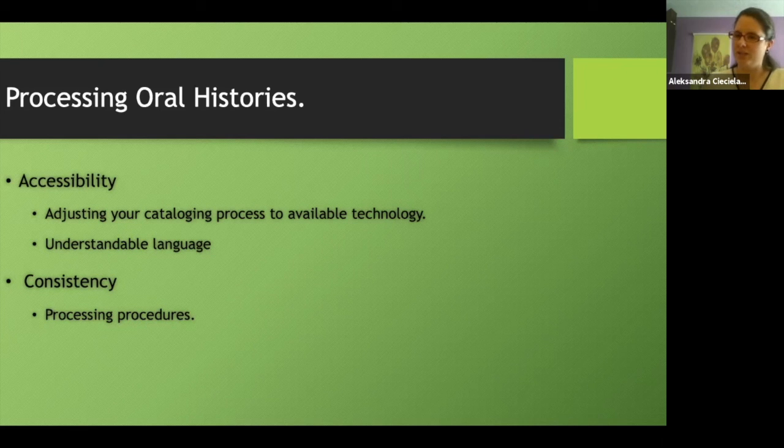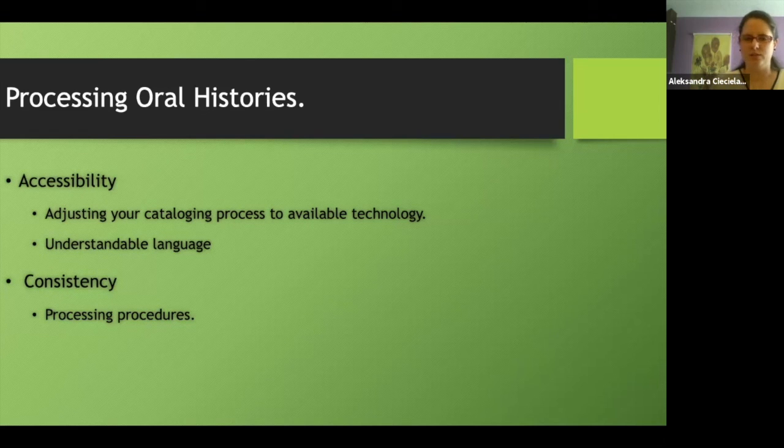Do I have money to do that? Do I have money to open a new website just for oral histories? Those are all questions that are difficult to answer, but they're very important when it comes to processing oral histories, because oral histories are a little bit different from all the other objects that museums usually have to work with.